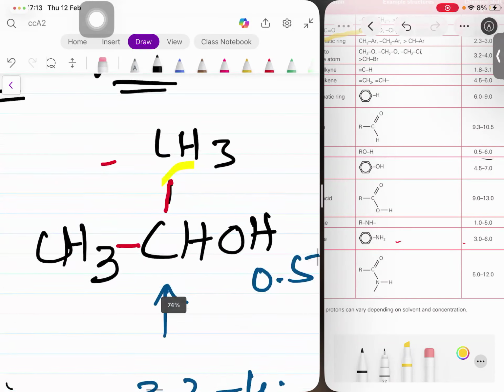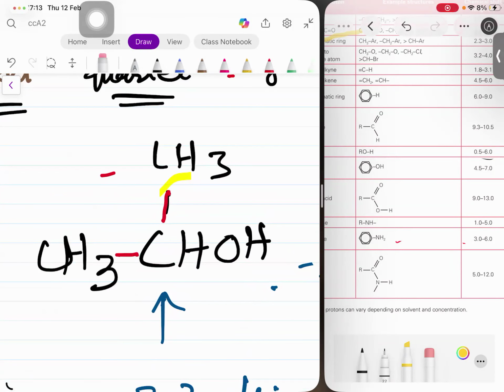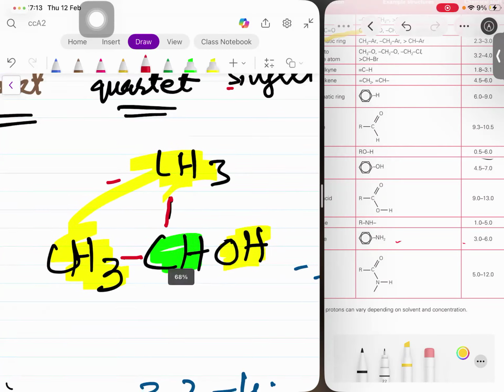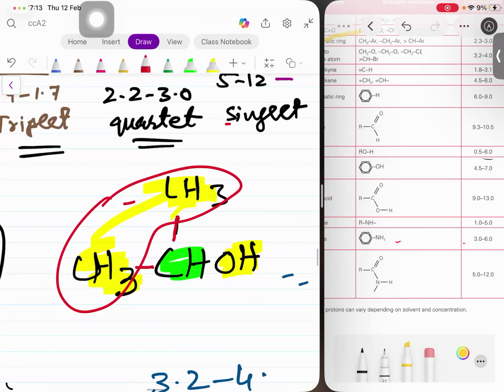What about this? How many peaks? Musa. 3 peaks. Ayla. Sir 3. 3 peaks. And for these two CH3, क्या range होगी? 0.9 to 1.7 and would be a doublet.